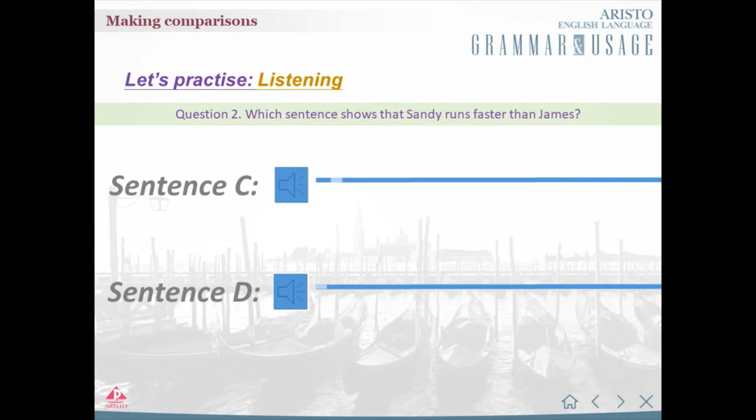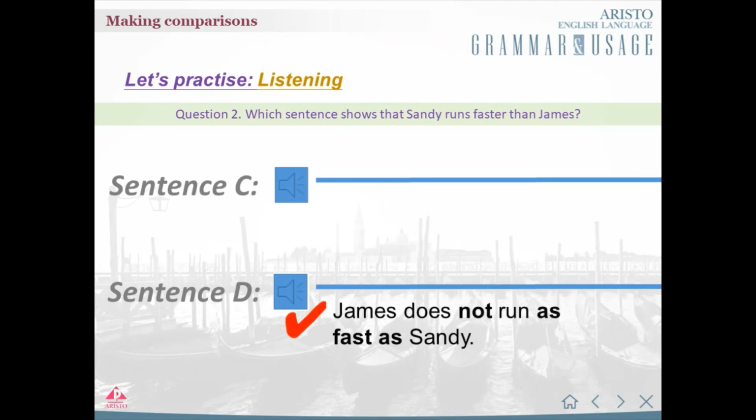C. James runs twice as fast as Sandy. D. James does not run as fast as Sandy. The answer is D. James does not run as fast as Sandy.